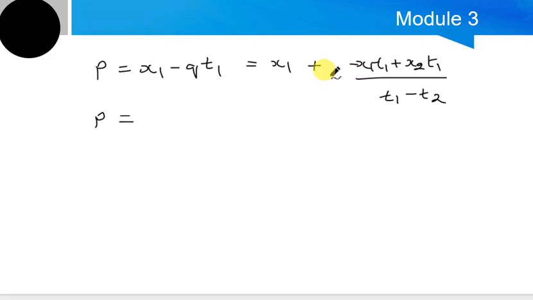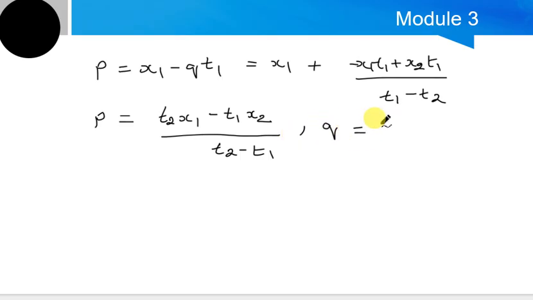So I will only have t2 x1 minus t1 x2 divided by t2 minus t1. This will be my p value. Already we have our q value. Our q value that we obtained was x1 minus x2 divided by t1 minus t2.